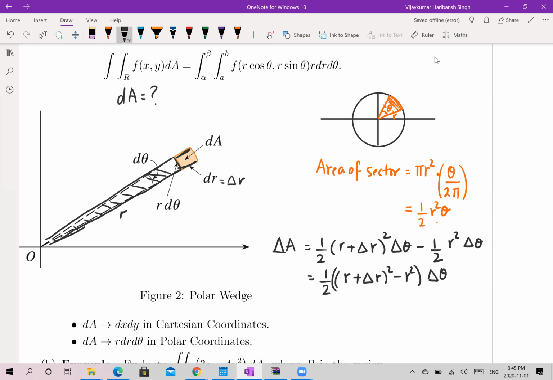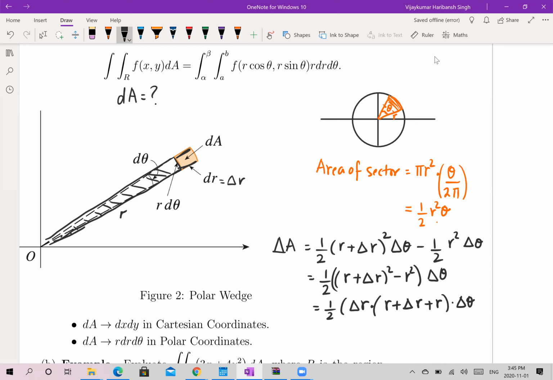This can be replaced using a squared minus b squared equals a minus b times a plus b. So a minus b is going to be delta r, and a plus b is going to be 2r plus delta r.